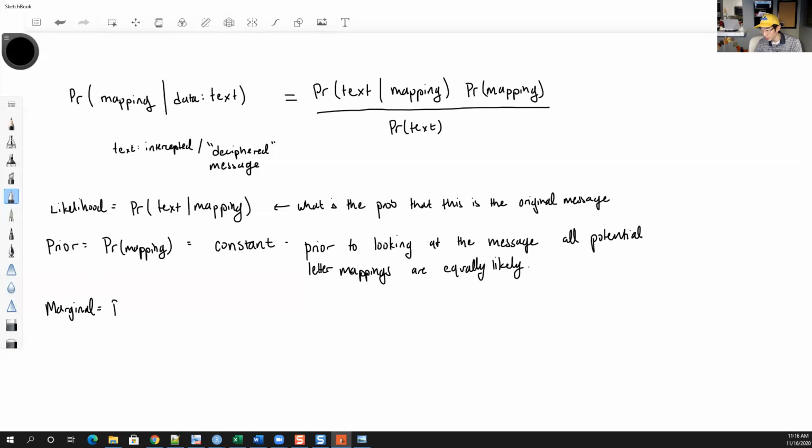This is the probability of the text. And we also know that this is a constant with respect to the mapping, okay? And this is going to be the sum of the numerator across all possible mappings.